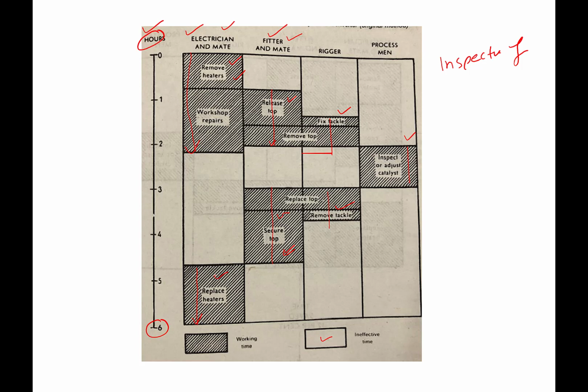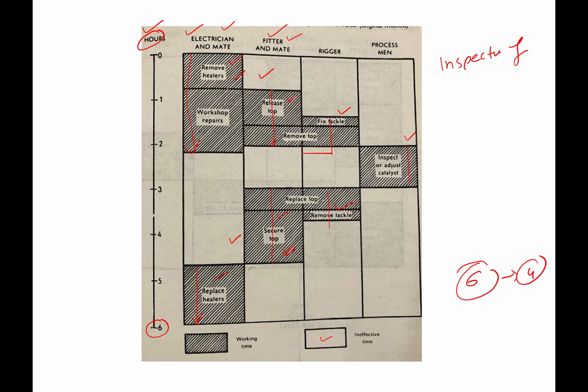So that would help to cut down the time significantly. From 6 hours, this 1 hour is saved, and another 1 hour is saved. That in turn will help to increase the utilization index and reduce the cycle time. Even if 2 hours are reduced, then cycle time will be reduced from 6 to 4 hours, if it is possible to release the top at the same time when the electrician is removing the heater.